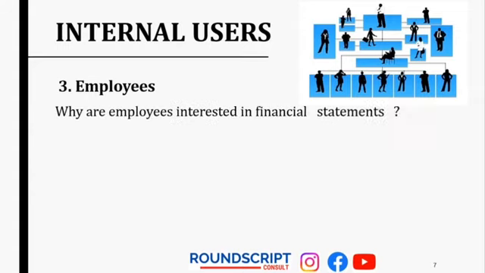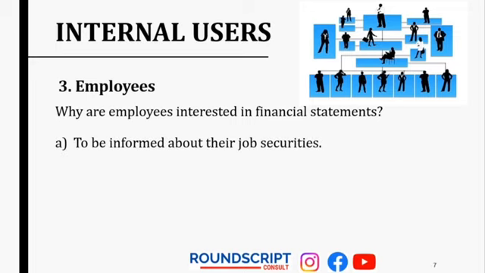The staff of the organization require accounting information in order to be informed about their job securities. By assessing the accounting information of a business, the employees are able to ascertain whether the company is going to be a going concern, whether the company is liquid enough to continue providing their social security, continue providing them with their job incentives.